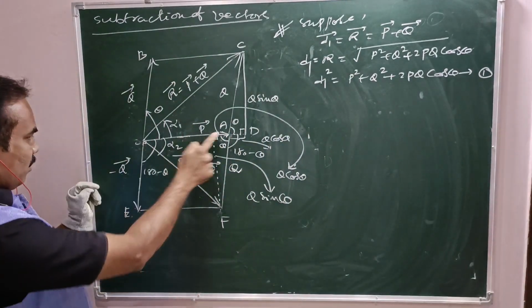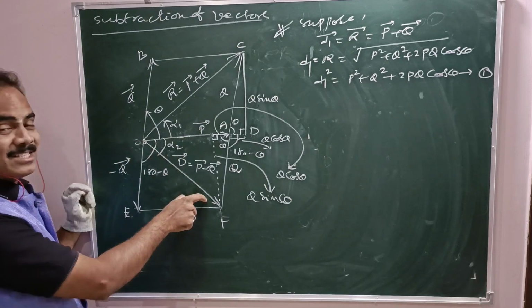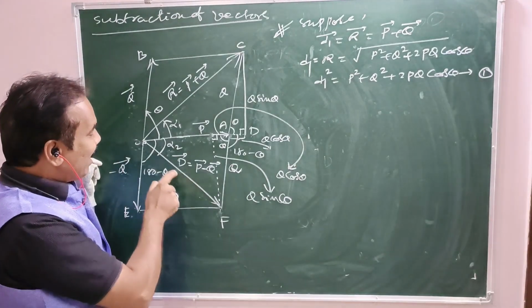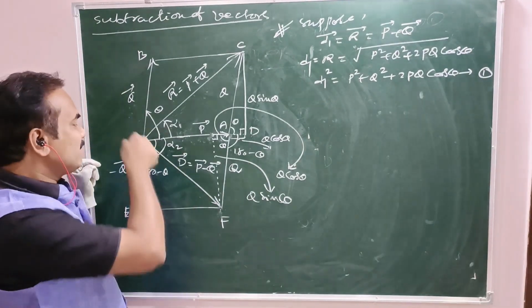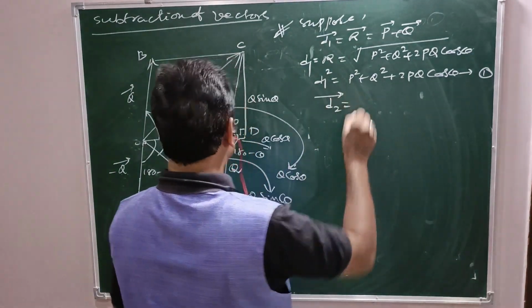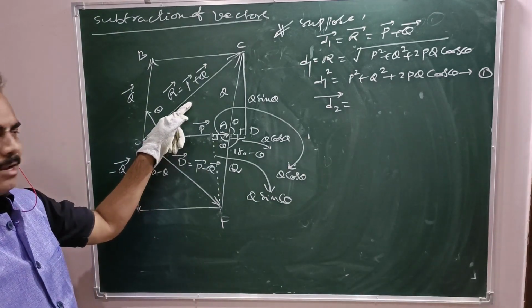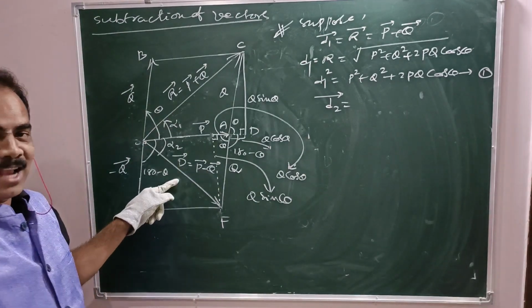Coming to this bottom diagram, as far as this diagonal is concerned, I am calling it D2 bar, means diagonal 2. D2 bar equal to second diagonal as far as subtraction is concerned. Here it is the addition diagonal, here it is the subtraction diagonal.